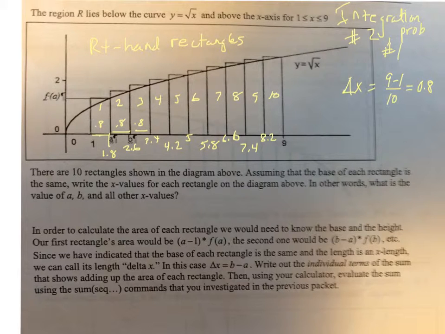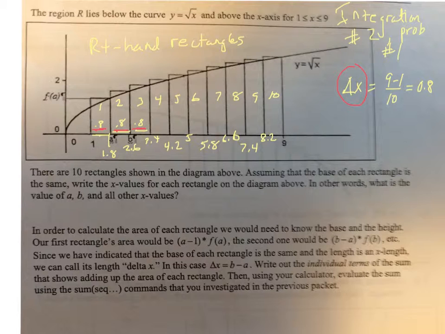And if we have 10 rectangles given, then to find our delta x, we have to take our boundaries, 9 minus 1 divided by the number of rectangles, which is 10. So our delta x is 0.8, which I have shown in here. It's that x width between each, the base of each rectangle.